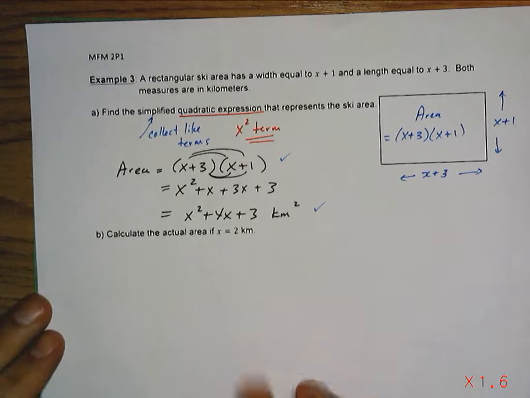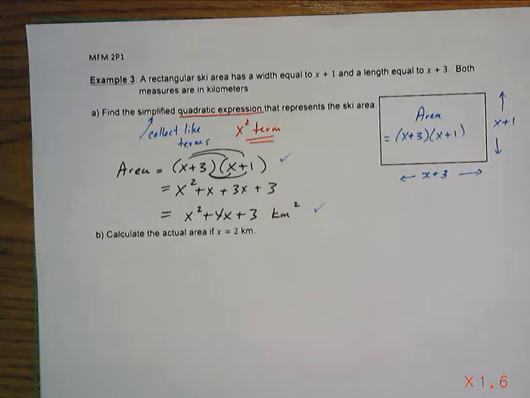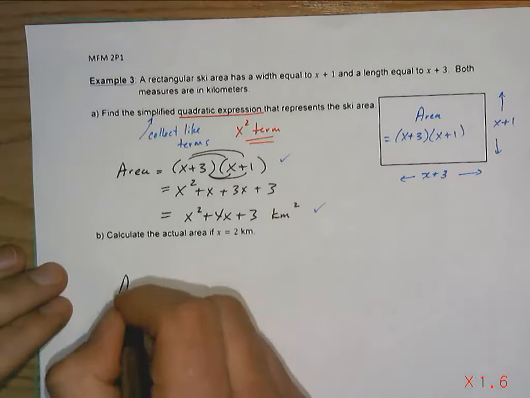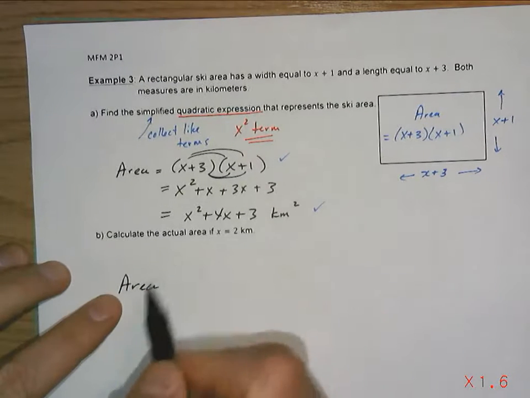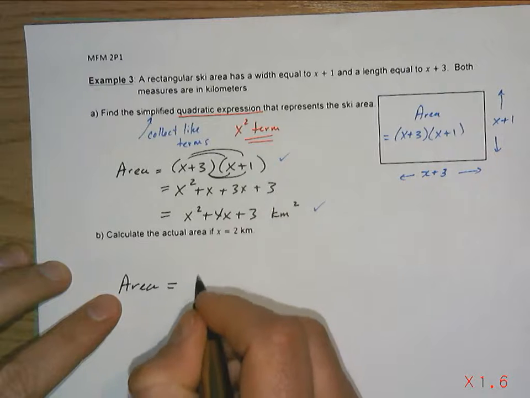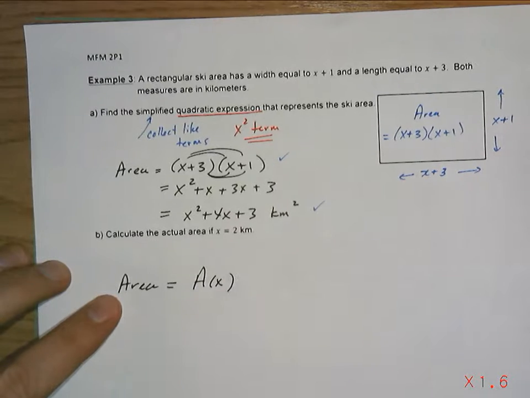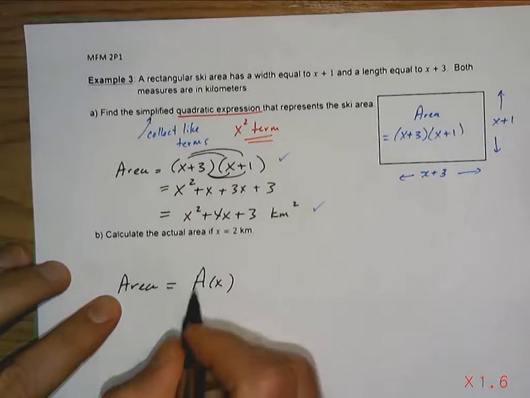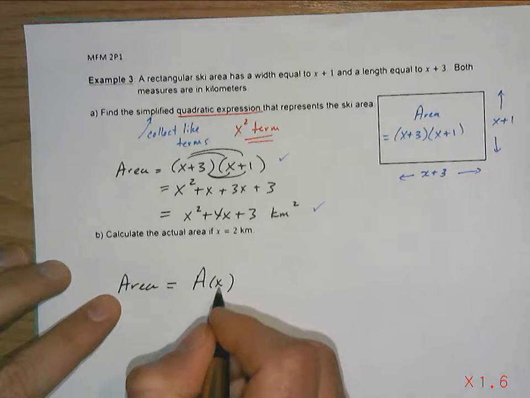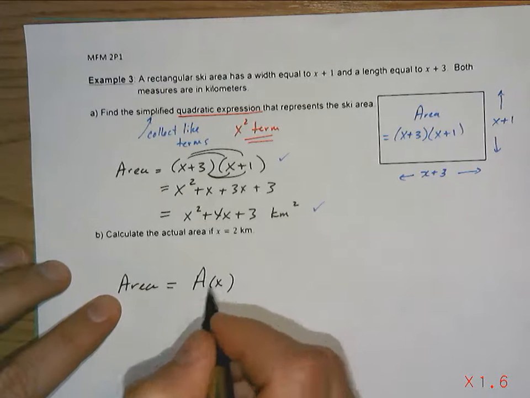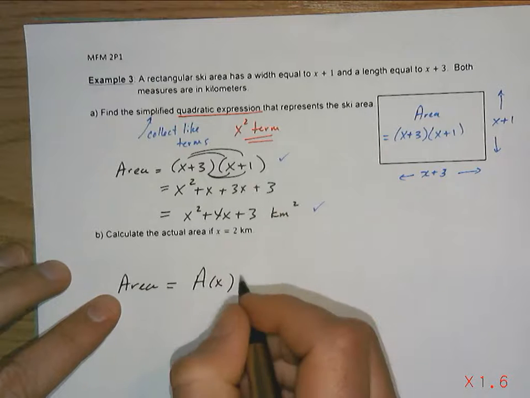Calculate the area if x equals 2. Okay, well there's two ways to do this. The area is now an expression in terms of x. I want to introduce you to something new. This is called function notation. And it's a big A to represent area, and it uses the brackets and the variable to represent what variable this function is in.